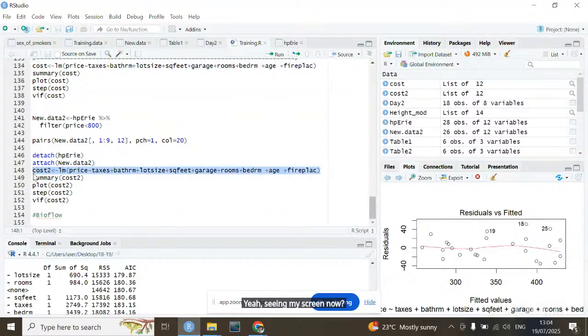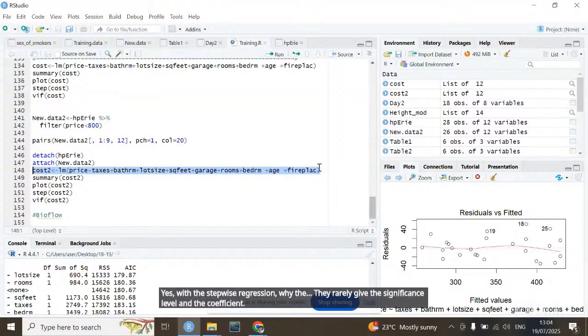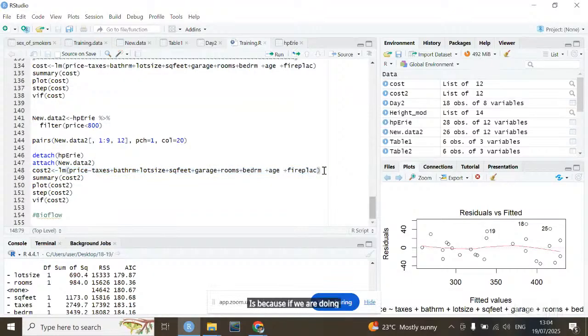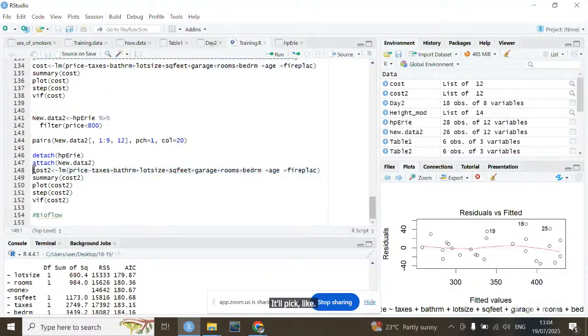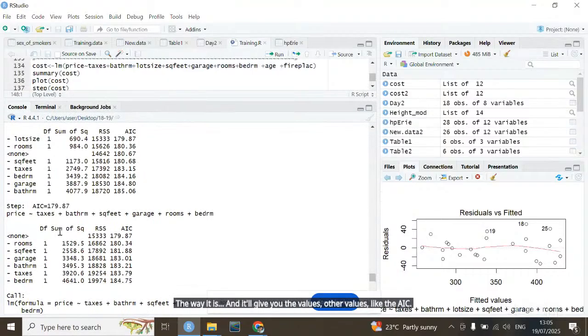Yes. With stepwise regression, they rarely give the significance level and the coefficient because, if you are doing a stepwise regression in a descending order, it will analyze the entire equation the way it is and give you other values like the AIC, the RSS, the sum of squares, and the degrees of freedom.